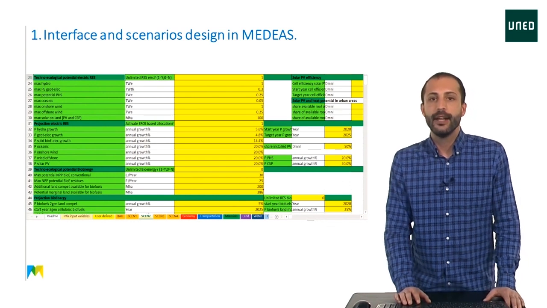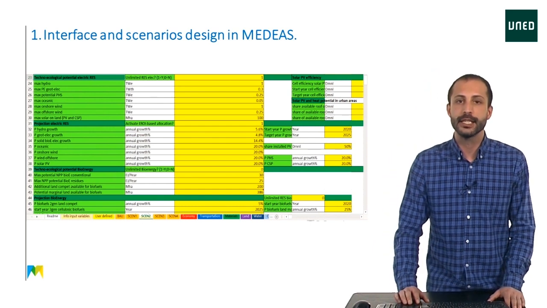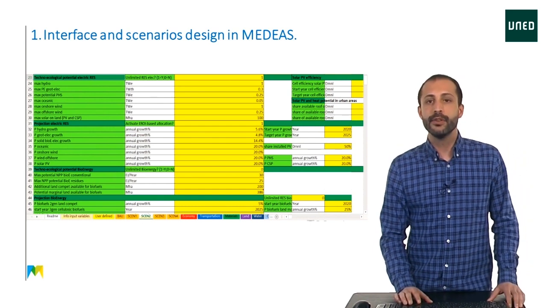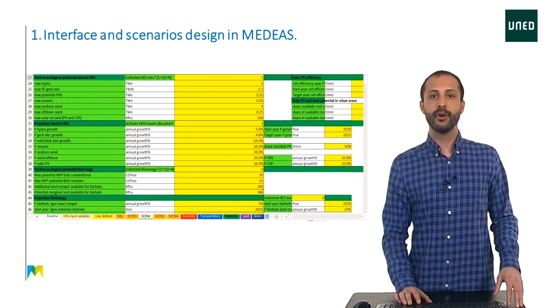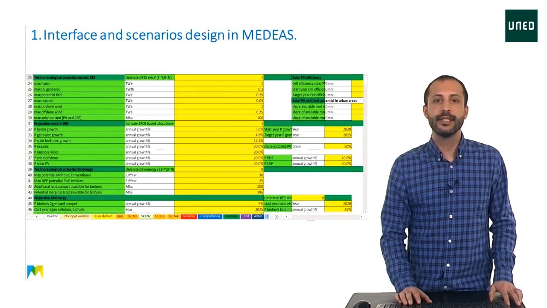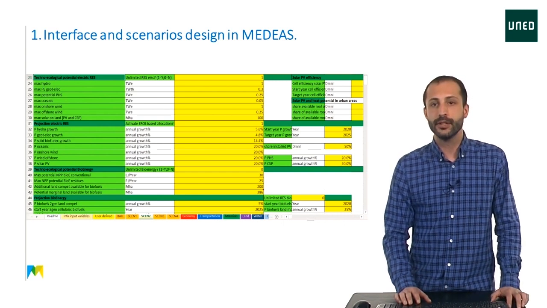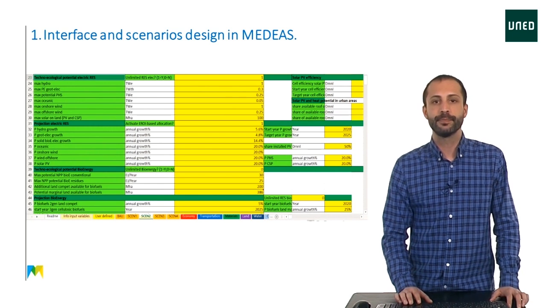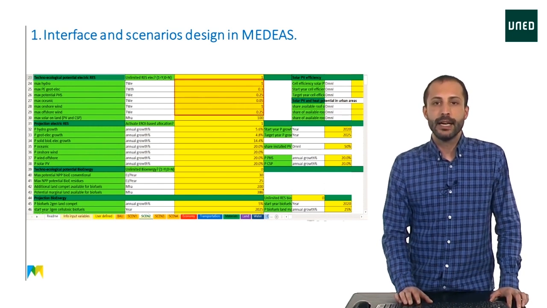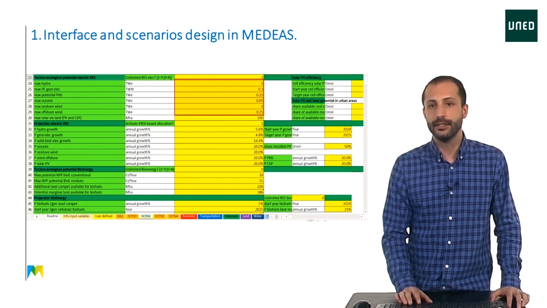Scroll down and we can start setting scenarios for energy resources. As mentioned throughout the course, and especially in the energy module lesson, MEDEAS is an integrated assessment model that considers energy limits, not only for non-renewable energy sources, but also for renewables. Here, the maximum potential for different renewable energy sources is set based on the literature.